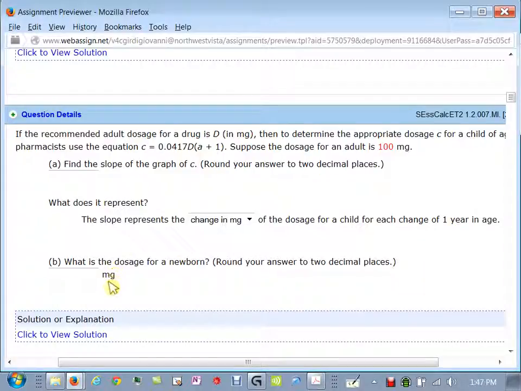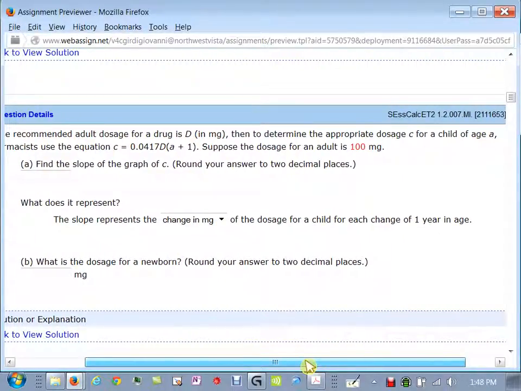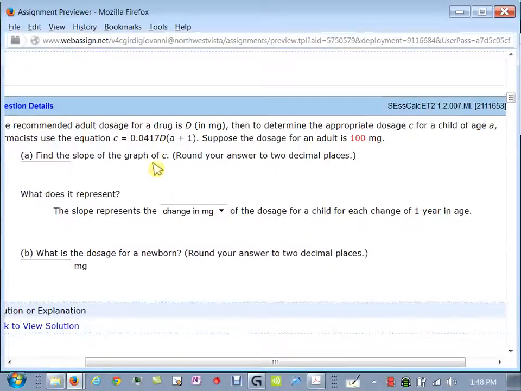And then what is the dosage of a newborn? So round off your answer. So dosage for a newborn, we have to assume age A is 0. And if age A is 0, then the dosage will be exactly 0 plus 1, which is 1, and then times 100 times this, which will be 4.17.